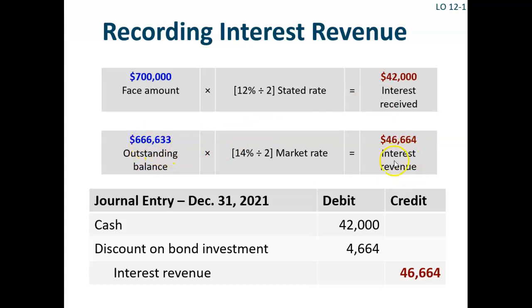To calculate the interest revenue, we're going to take the amortized balance of the loan. That's going to be the face amount minus the unamortized portion of the discount.